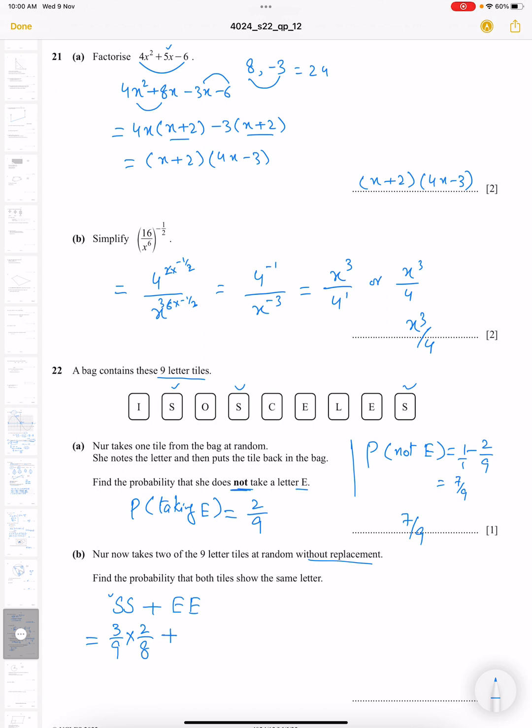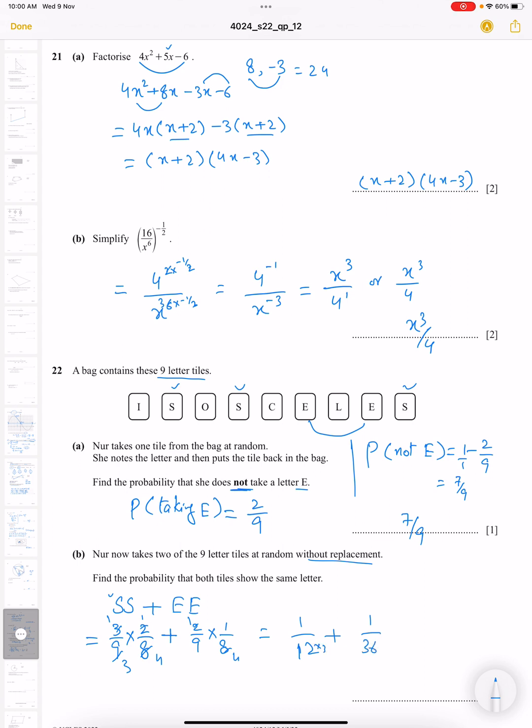Plus EE. Now the first E will be picked from these 2 E's. So that will be 2 by 9 multiplied by, since 1 E reduced, 1 by 8. Let's simplify it. 2 times 1 and 4, and 3 1 3 3, so we have 1 by 12 plus 2 times 1 and 4, so 1 by 36.